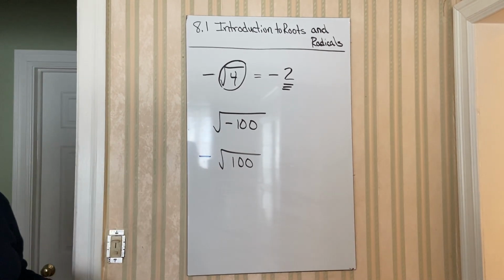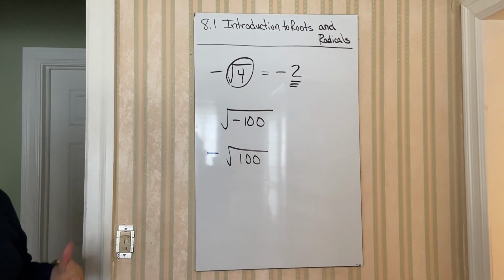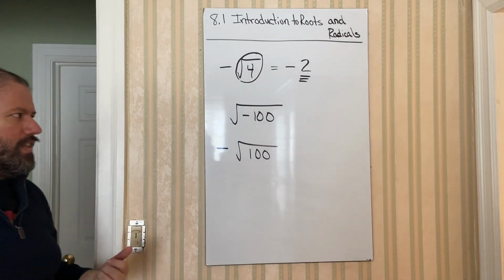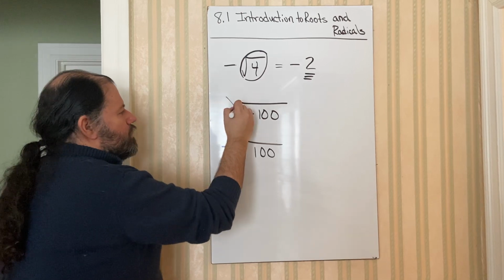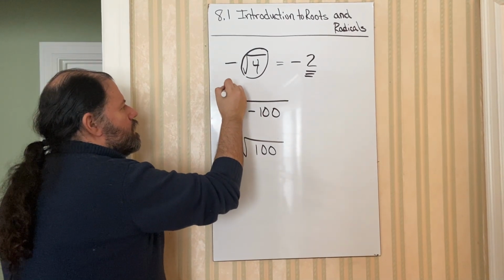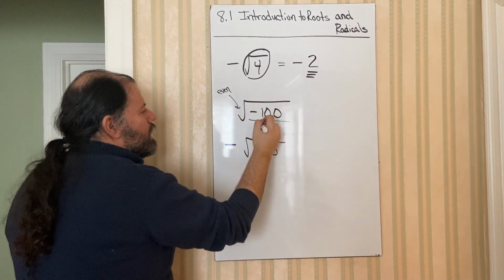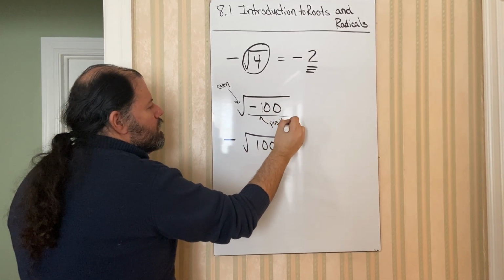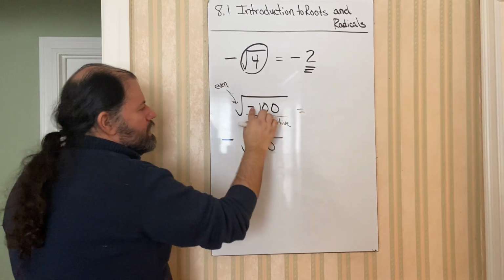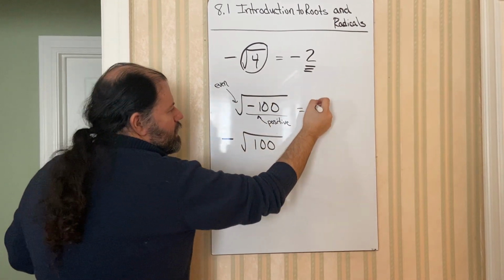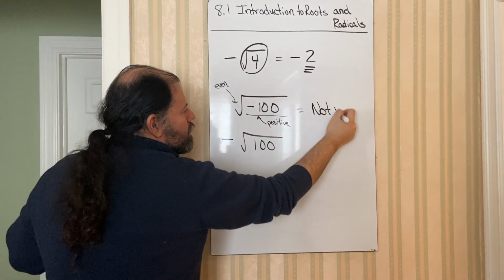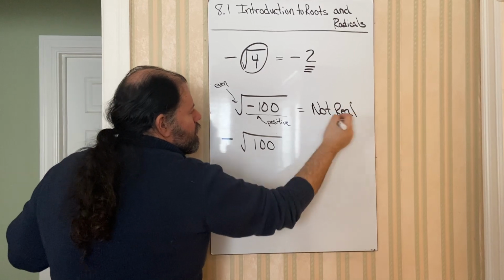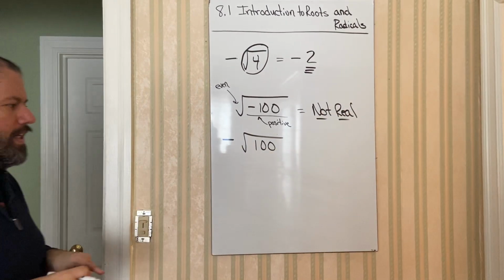There's no two numbers that I can think of that are the same to give me -100. Remember, because this is even, we know that the radicand must be positive. So since it's negative, this would not be real. In other math, you'll call it imaginary.